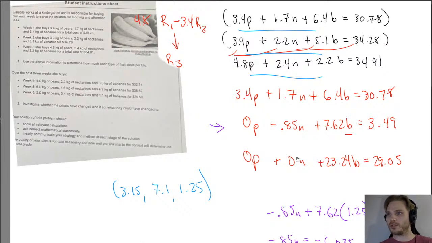Then we've got 3.9, we've got 2.2, and we've got 5.1, 34.28, nice. So the second equation worked. I feel pretty confident about this now, but I'm just going to check it since I started. 2.4 and 2.2, 34.91. Okay, so this is the solution to the first one.